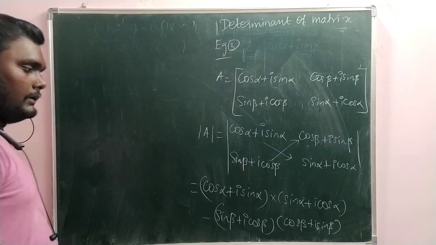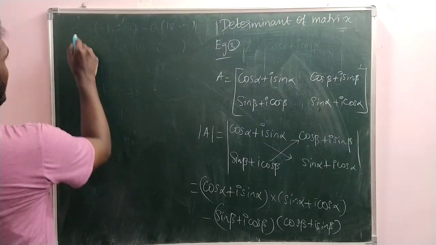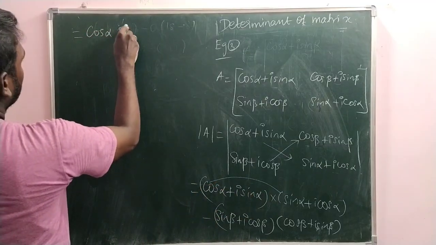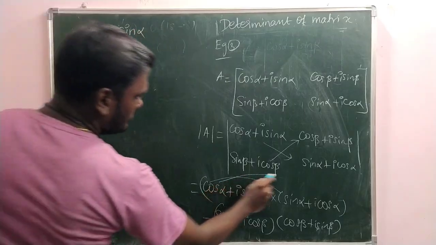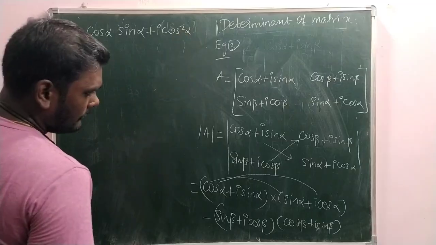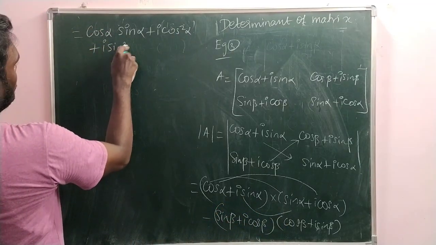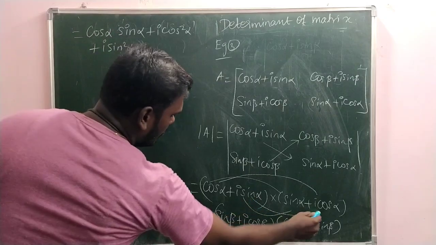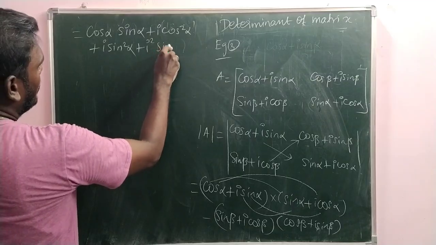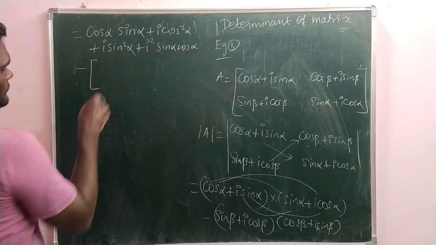Now as usual, algebraic multiplication, polynomial multiplication we can do. Cos alpha into sin alpha is cos alpha sin alpha, plus i cos square alpha. Next plus i sin square alpha, and these two plus i square sin alpha cos alpha.